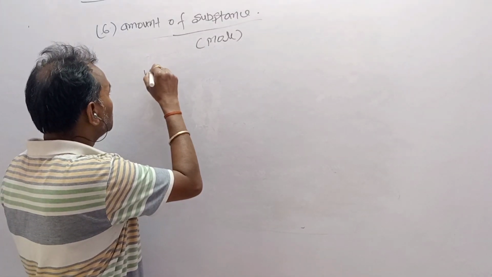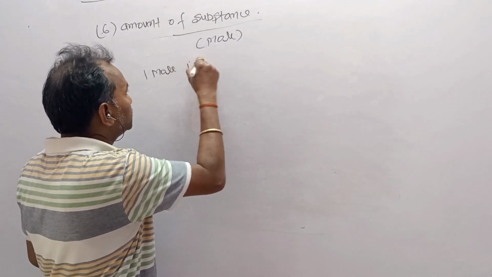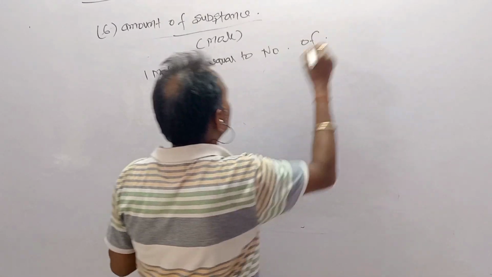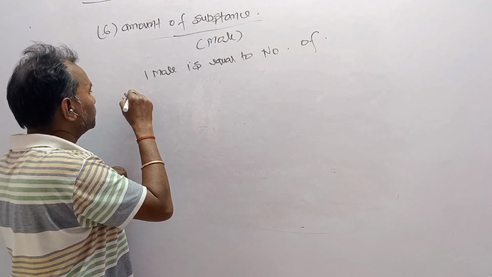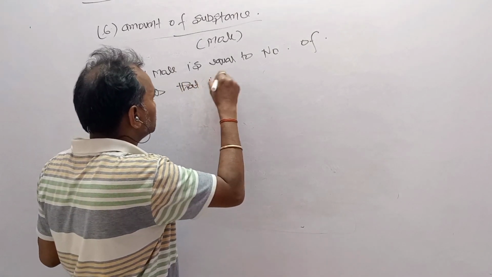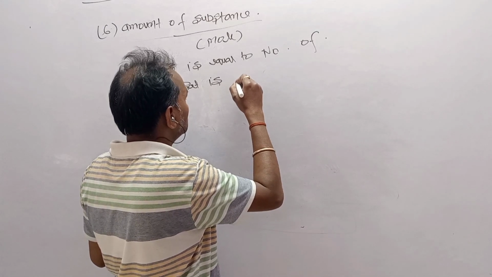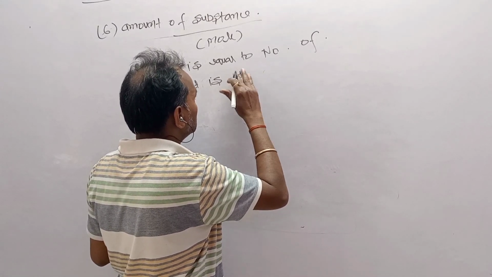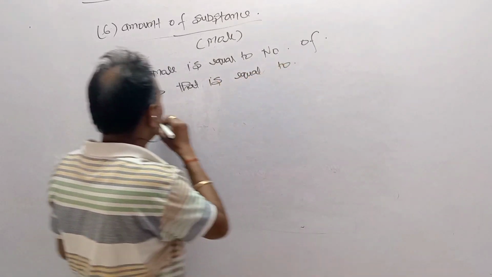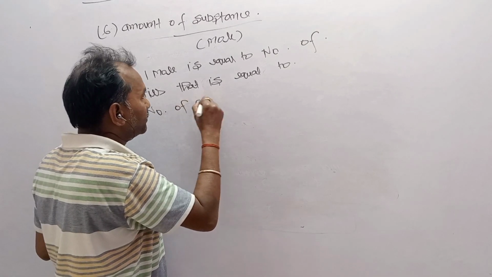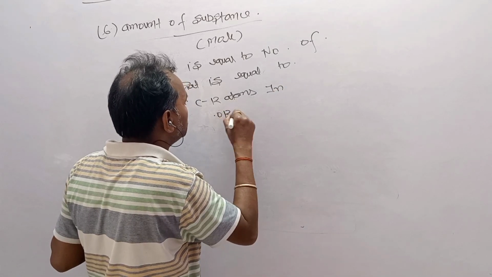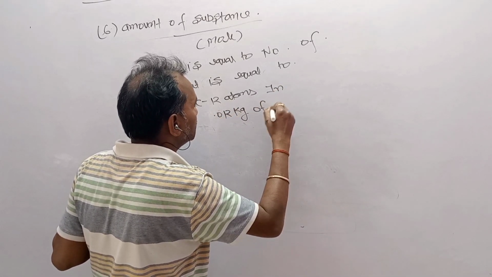1 mole is equal to the number of entities that is equal to the number of carbon 12 atoms in 0.012 kg of carbon.